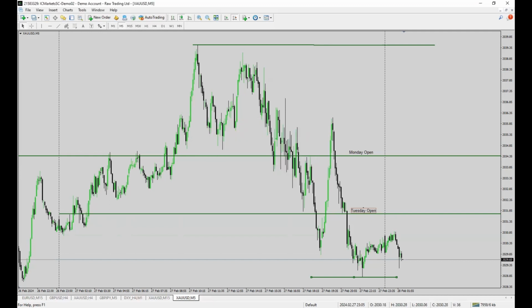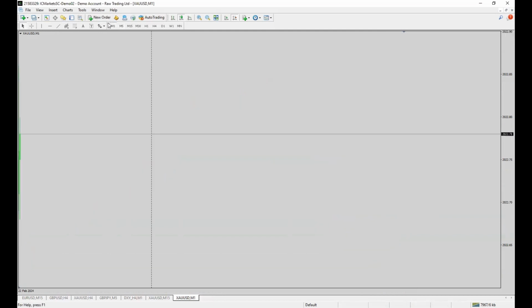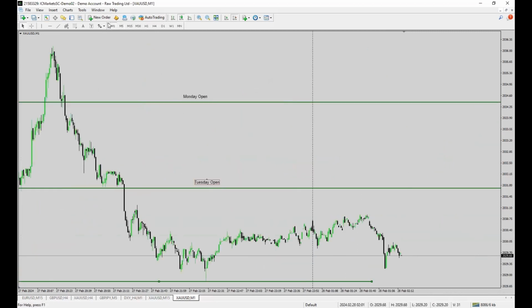All right, perfect. So what next? I got my current zone. Got the market formula all sorted out. I need some confirmation. M1 chart now. I'm going to first start off by marking out what is called my initial data.